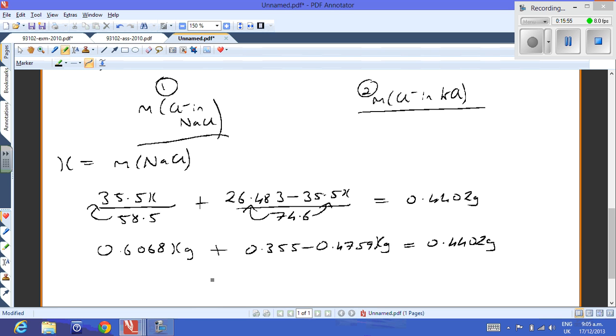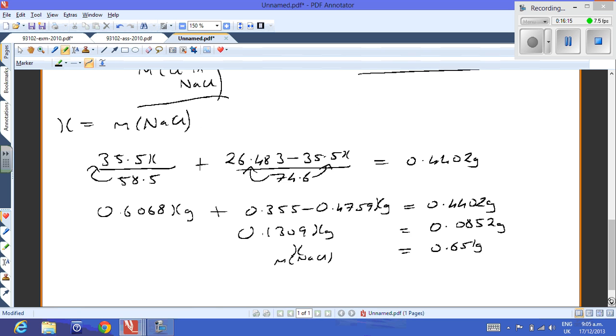So then you end up with 0.1309x is equal to 0.0852 grams, and therefore x, which is the mass of NaCl in the mixture, is equal to 0.651 grams.